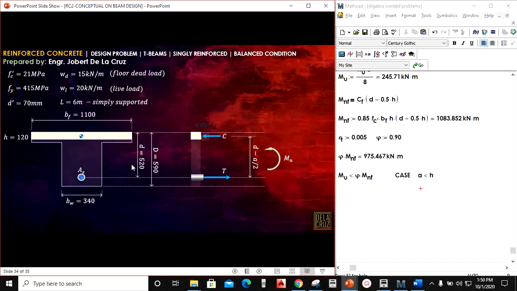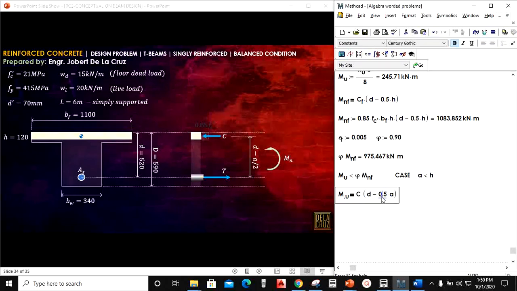Hahatiin natin. Okay, so we have the Mu. I will just equate Mu equals the compression times d minus 0.5 of A. And hahanapin natin yung A una dito.